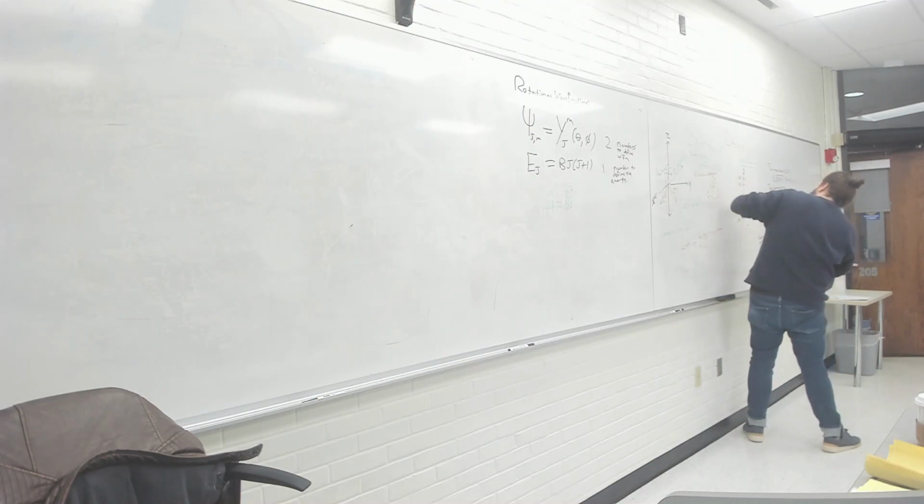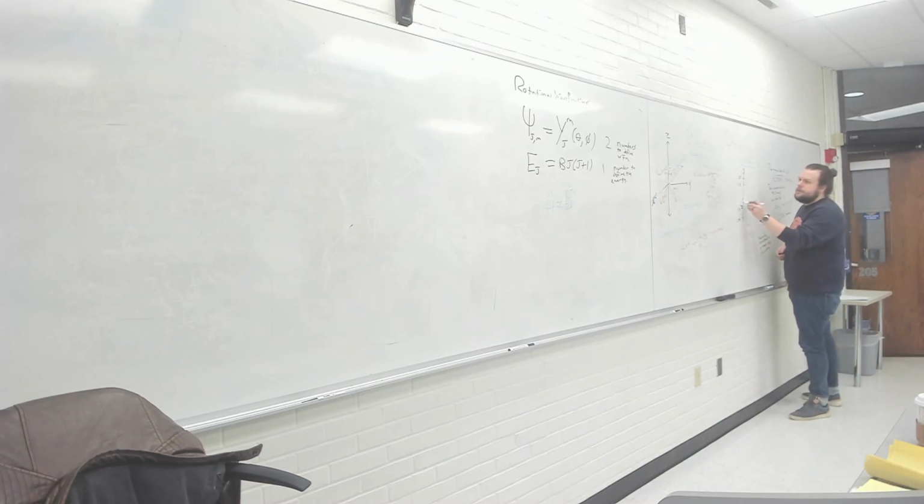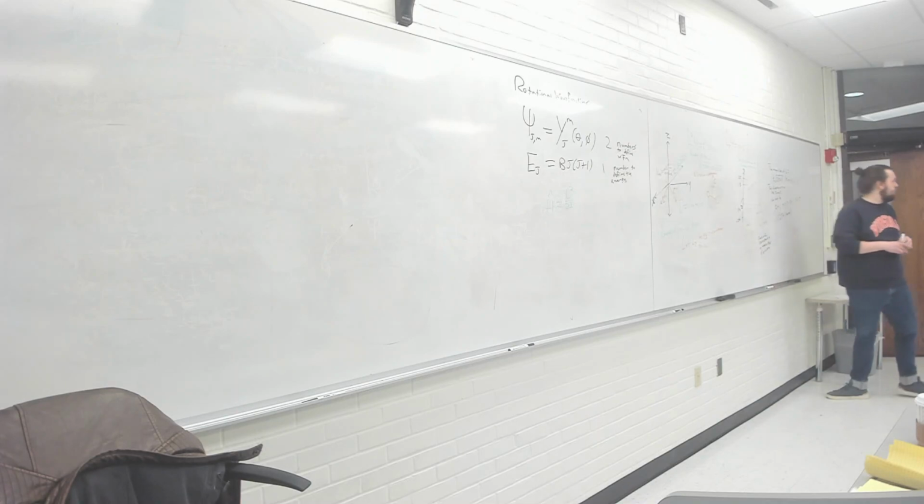Let's imagine I have two different M states. So maybe one in red is this one. Well, it's supposed to be red, but that's not red. We'll call this the M equals plus 2. And then we have the equivalent M equals minus 2, pointing the other way.